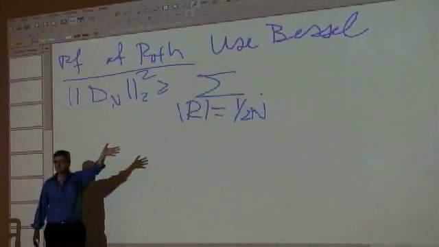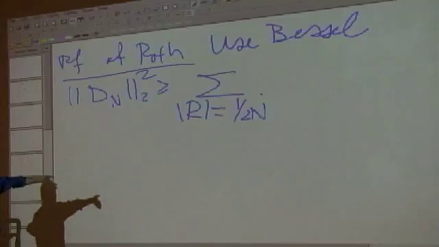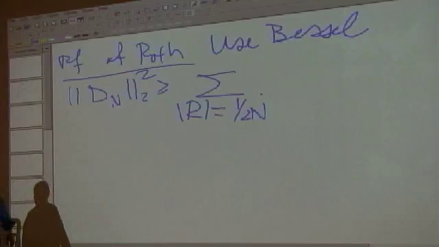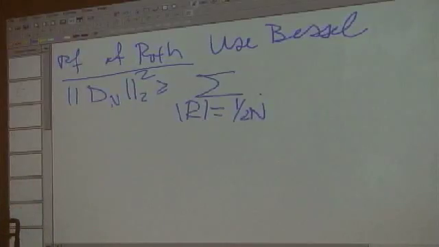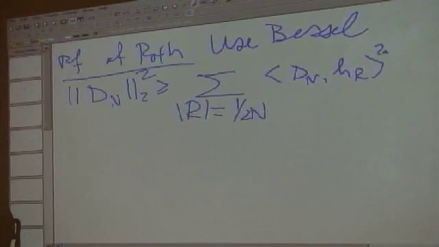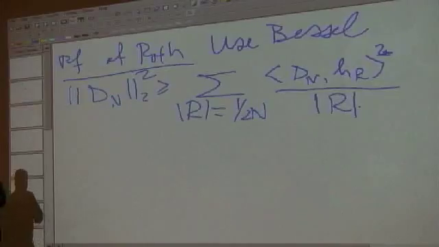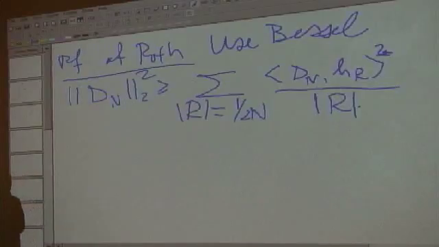I just need that the rectangle be bounded above by 1 over 2^n and below by 1 over 4^n, say, of the inner product of Dn with hR squared, except this is not right for the typical reason that these are not normalized in L2, so I have to divide by R to keep the L2 normalization. Now this is just the Bessel inequality.